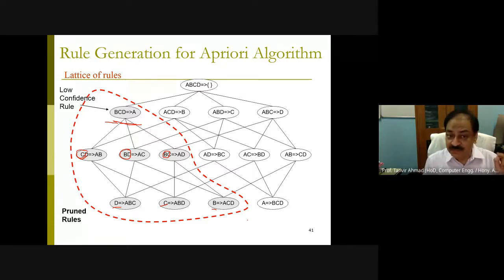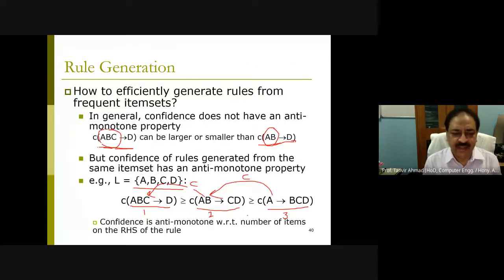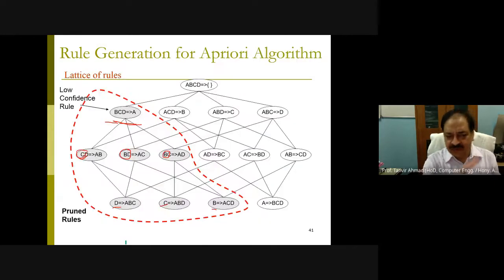Why? Because if BCD follows A has a low confidence, the subsets of this will always have a lower or equal confidence, because of this property I just discussed over here. And using this property, I can very well prove these rules, because I find that this rule itself has a low confidence.